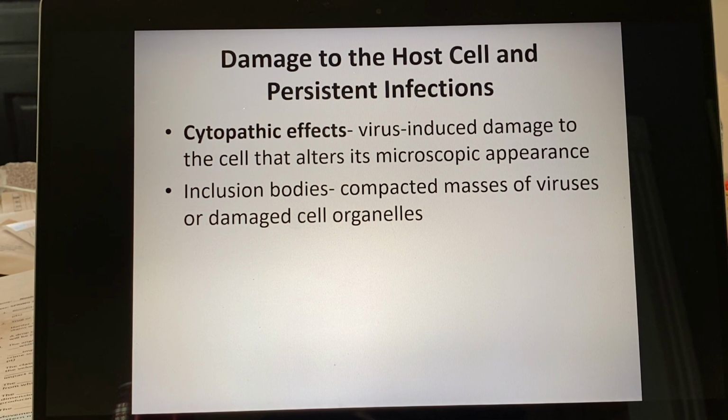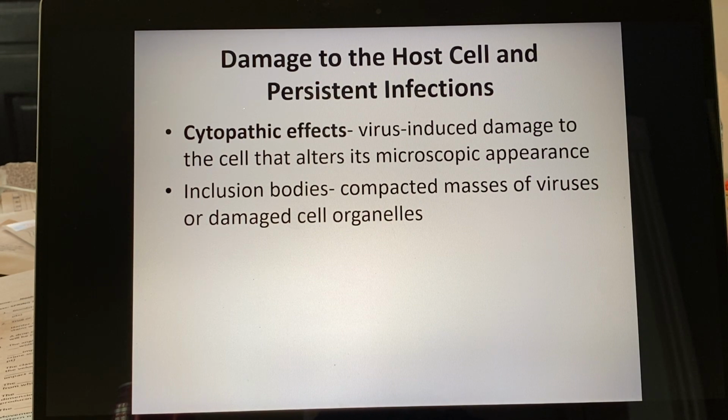This basically states that when cells are infected with a virus, they tend to look very characteristic under the microscope. They have things called inclusion bodies, which are basically big masses of viruses. They cause holes in tissues. It's very characteristic, and the cells look different compared to damage from a bacterial infection or a fungal infection.